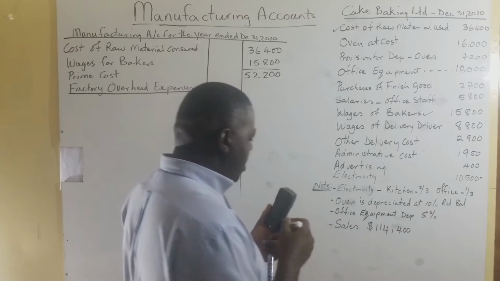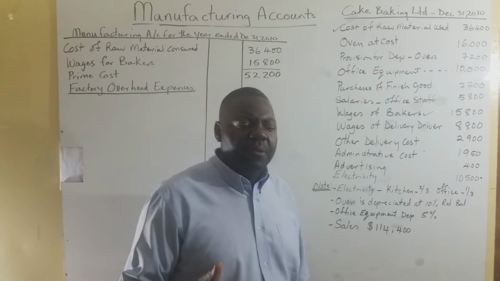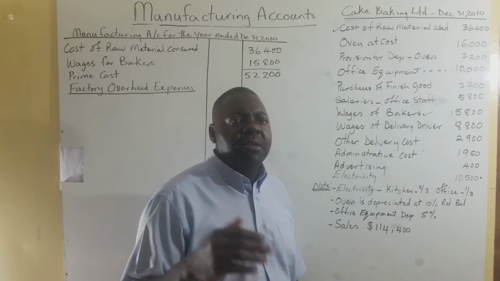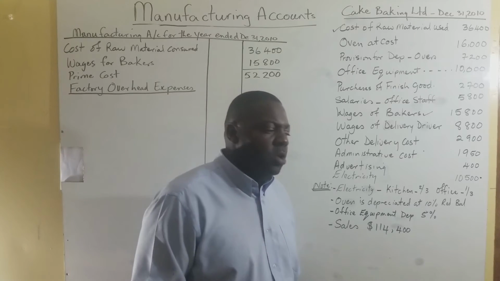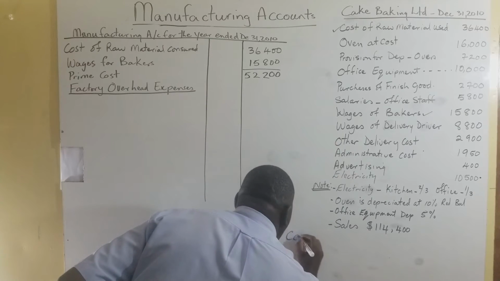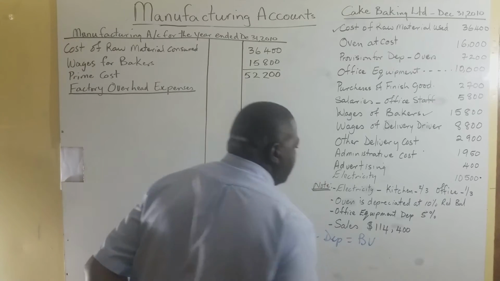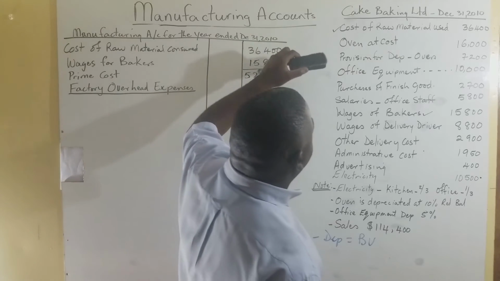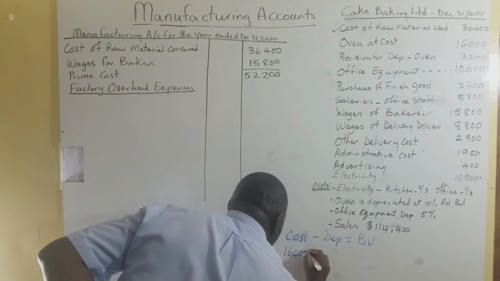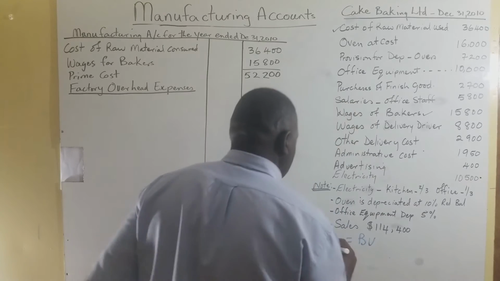Remember, when we are doing reducing balance method, finding depreciation using the reducing balance method, it is after the first year, we are calculating the percentage on the book value. Now, to find the book value, it is the cost minus the depreciation to give us the book value. Now, what is the cost of the oven? The cost of the oven is 16,000. The accumulative depreciation on oven is 7,200.